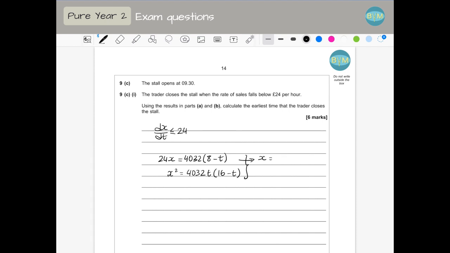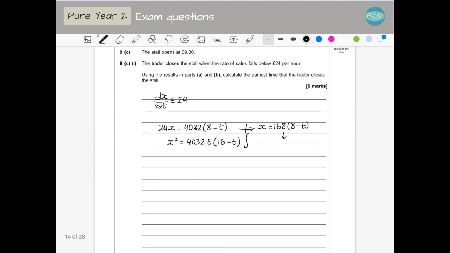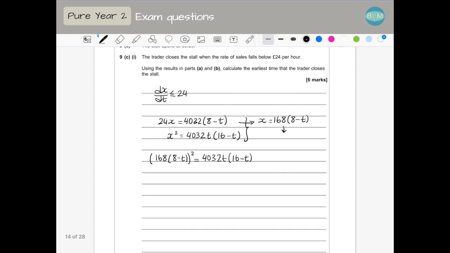So x is going to be 4032 divided by 24, which is 168, multiplied by (8 minus t), and then I'm going to substitute in the other one. So I have x squared, 168(8 minus t) all squared, equals 4032t(16 minus t).